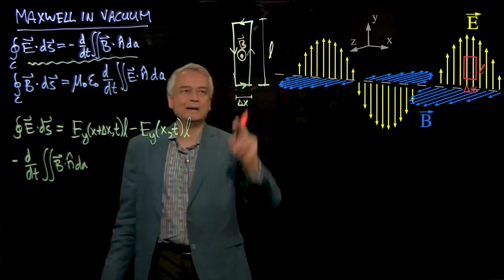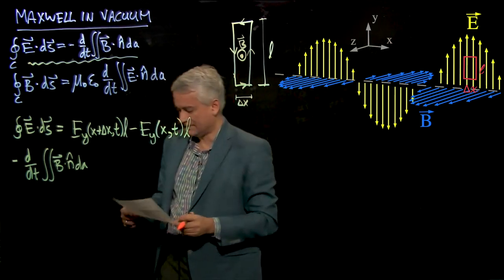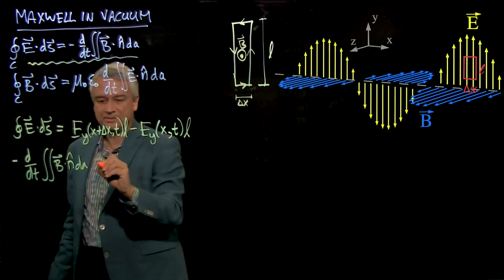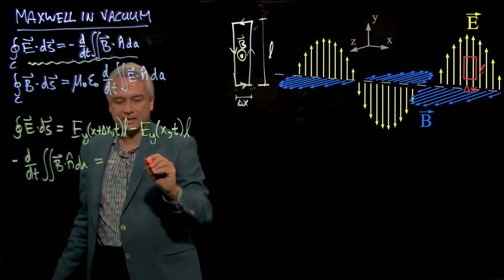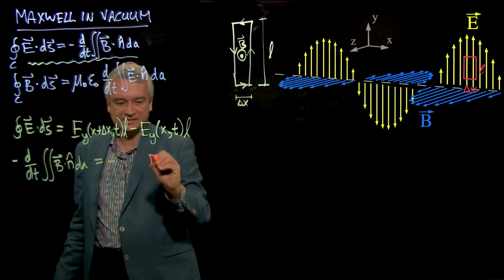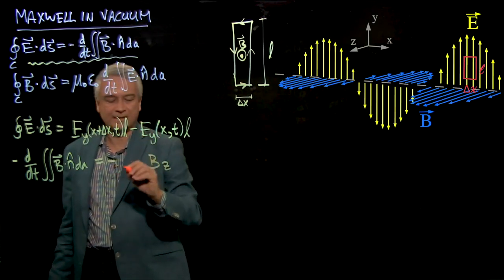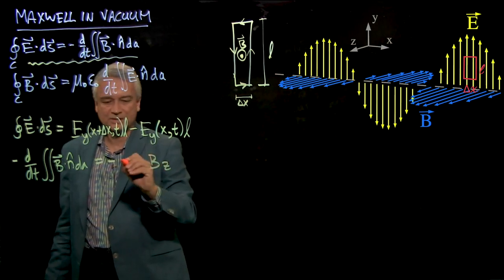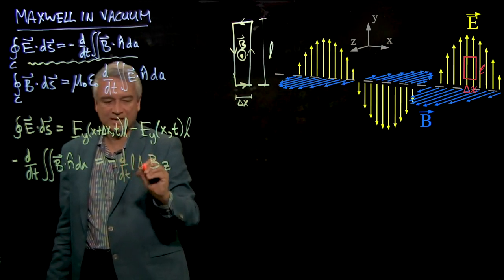And so when I do the surface integral, what do I pick up? Well, there's this minus sign, and then there's a Bz and a d by dt, and then there's the area of the rectangle. So I'll put the d by dt here, and then the area of the rectangle is L delta x.